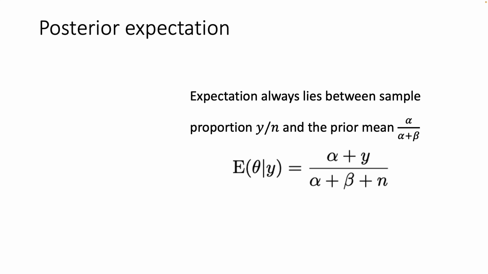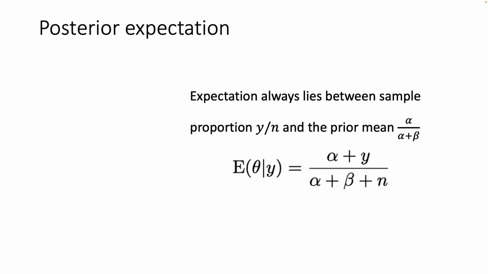So our expectation will always lie between either the prior expectation or the sample expectation. If we have a lot of data, we will move towards y divided by n. If our data is scarce, the influence of the prior will be significant, right?